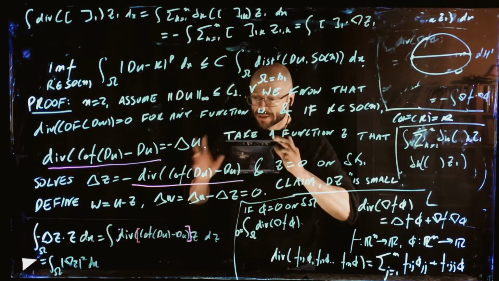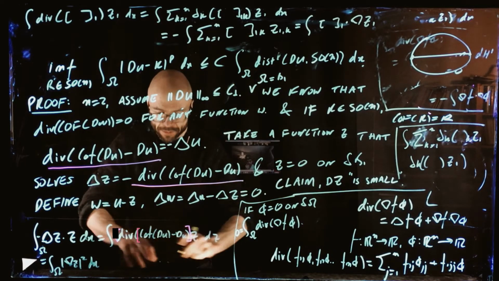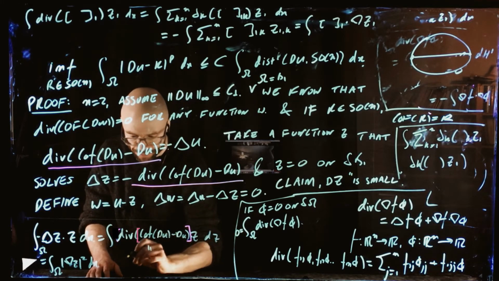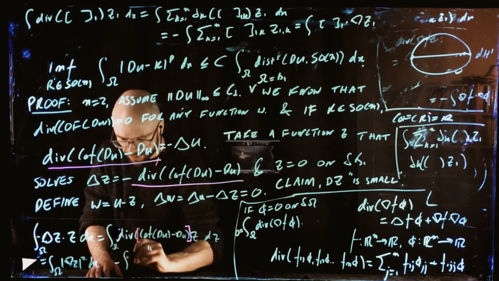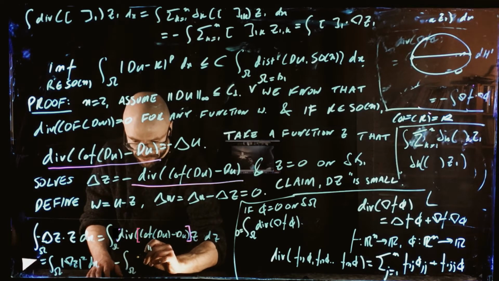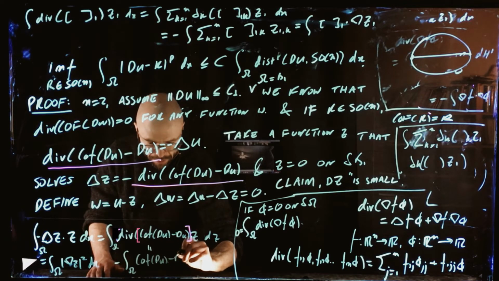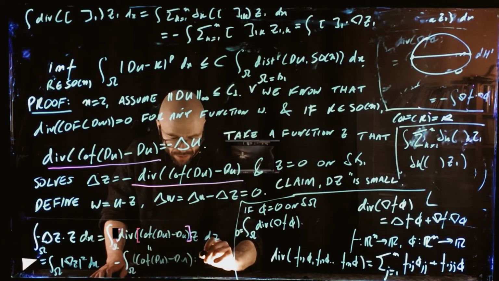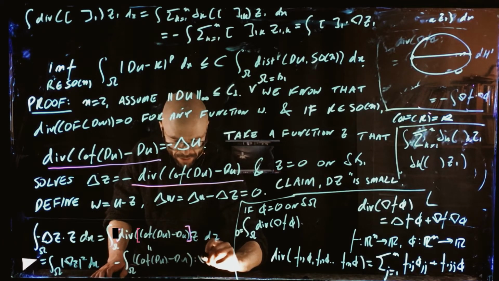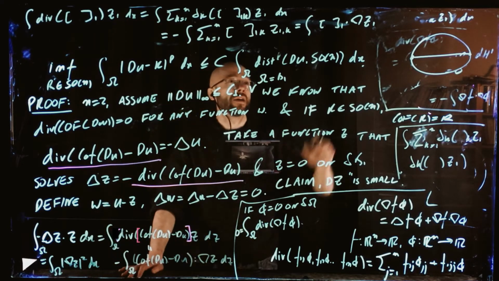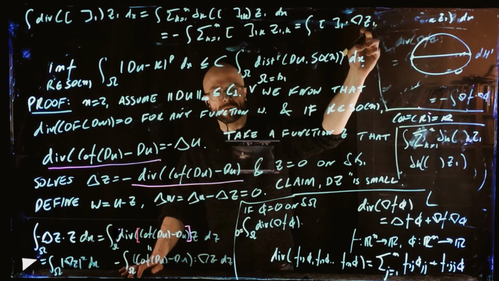And that's just for the first component here. So if I do this for the second component too, what do I have? I'll have that this thing is equal to minus the integral, I should put the domain everywhere, of the cofactor of gradient of u minus u, dot product the gradient of z dx, like this, because that's what we saw for the first row.